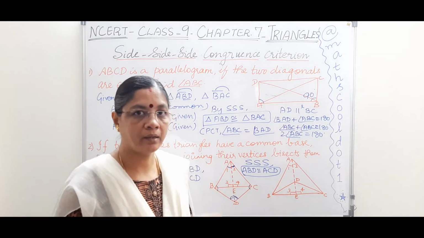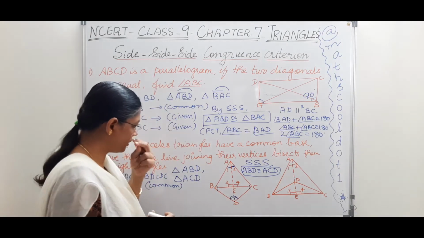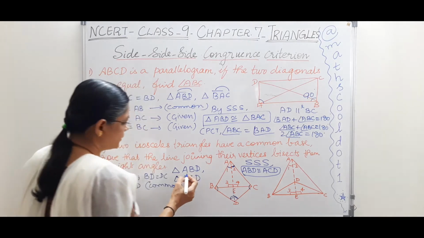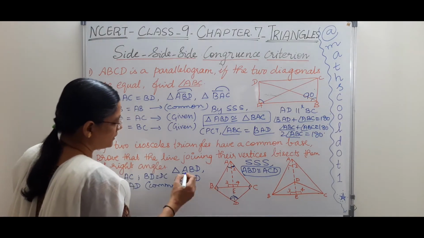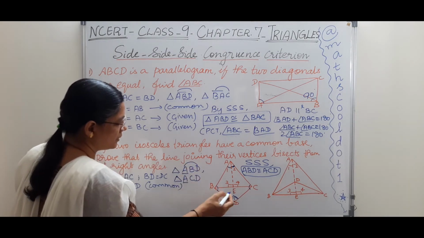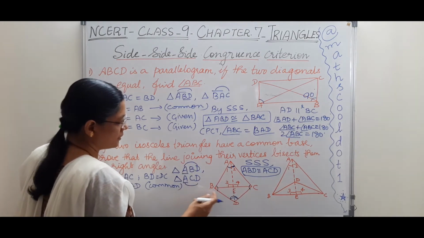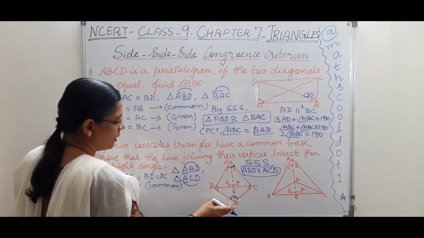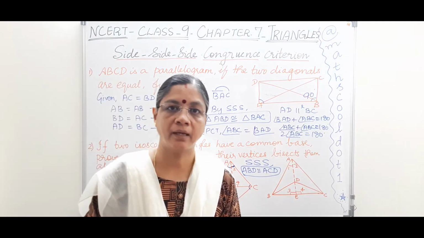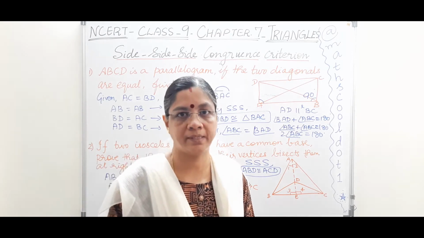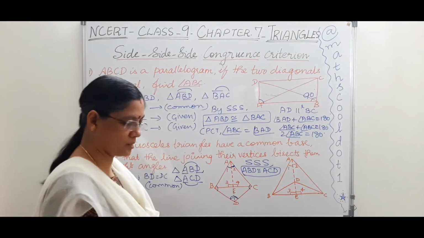These are corresponding angles, right? So angle A is equal to angle A, and ABD is equal to ACD. That angle is also equal, and here D is equal to D. So all the three angles are equal according to CPCT when you follow SSS criterion, right?